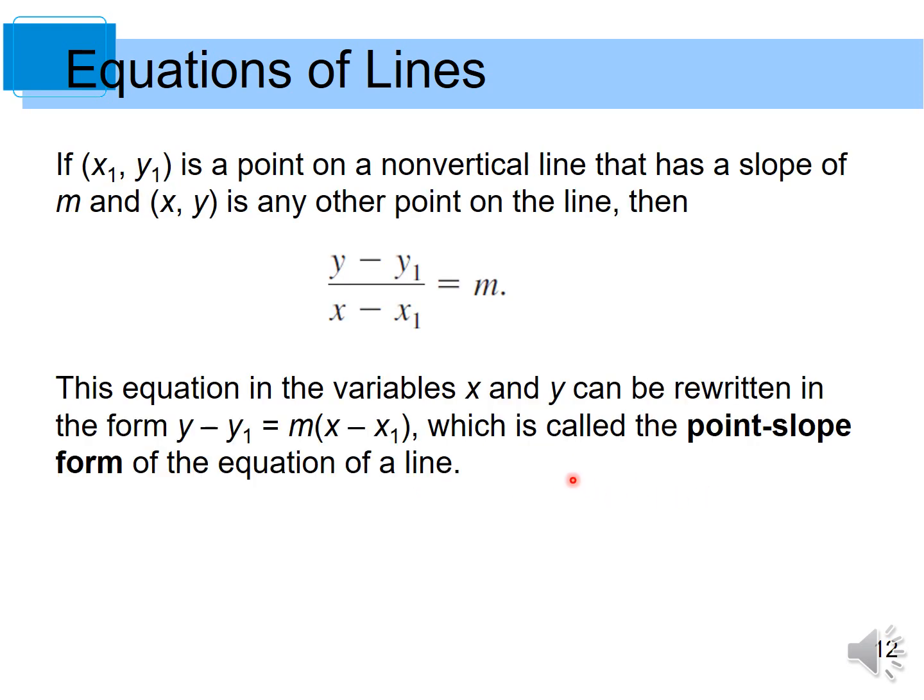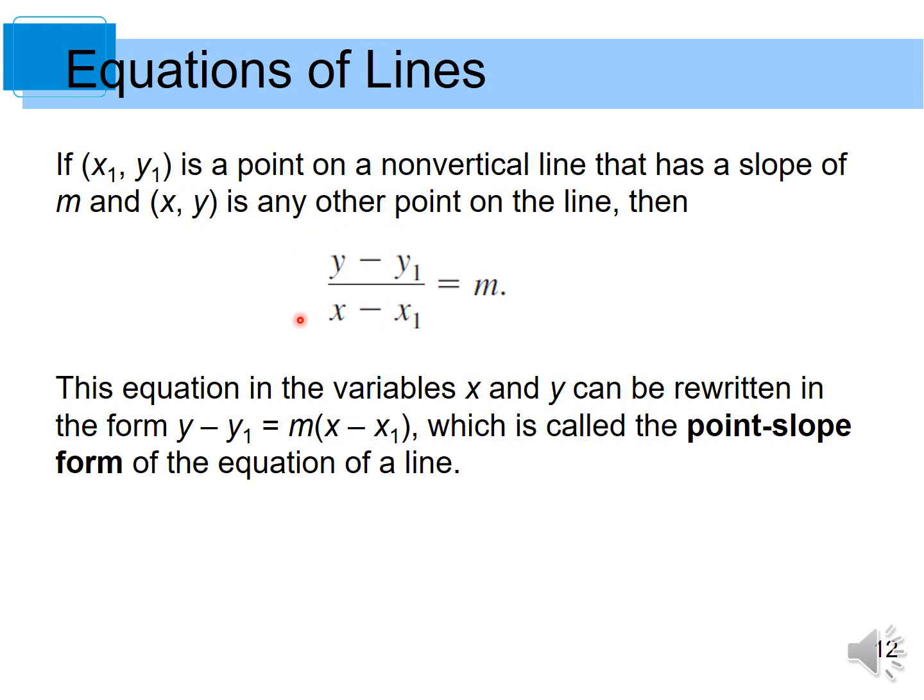If x1, y1 is a point on a non-vertical line that has a slope of m, and x, y is any other point on the line, then the gradient can be written as y minus y1 over x minus x1. This equation in the variables x and y can be rewritten in the form y minus y1 equals m times x minus x1.